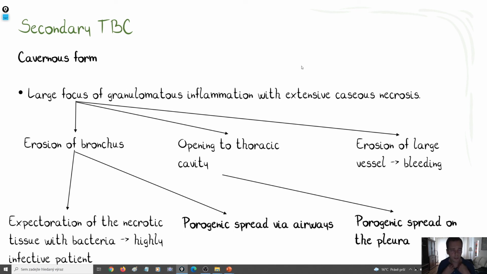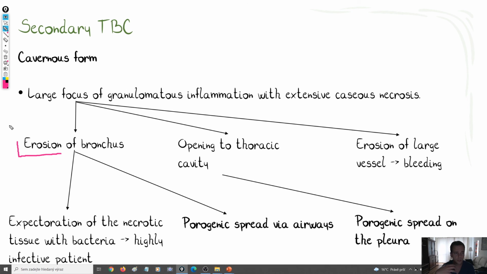Cavernous form is something different. Cavernous form means that you've got a large focus of granulomatous inflammation with a huge amount of caseous necrosis in the center. And it can have a lot of complications. This focus can erode a bronchus.